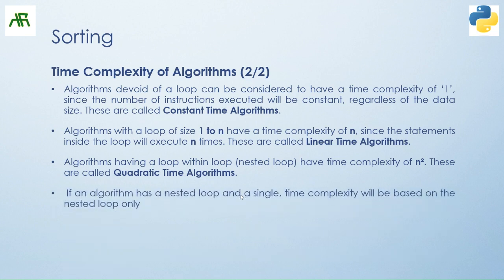If an algorithm has a nested loop and a single loop, the time complexity will be based on the nested loop only. Natural, right? When a particular algorithm has a single loop in one place and a nested loop in another place, we cannot go with the single loop and say the time complexity is just 1 or n, right? So depending on the nested loop, it's going to be n square or some other factor.